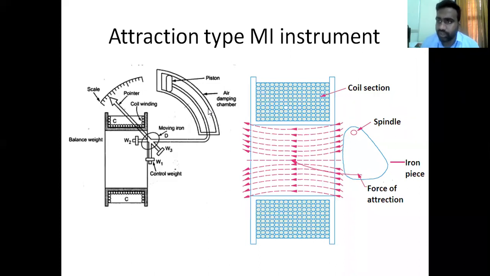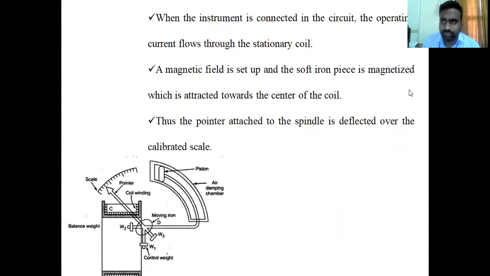Now if we go on to the analysis of this attraction type MI instrument, it is operated with respect to the current flowing in the stationary coil.